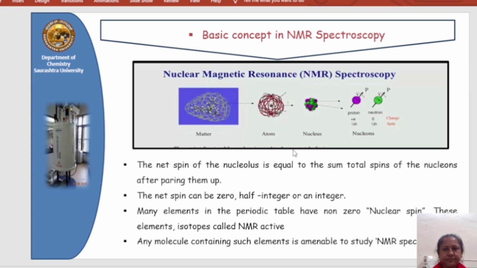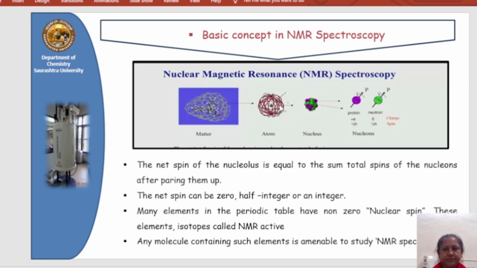Atoms are made up of electrons, protons and neutrons. Neutrons and protons are present in the nucleus, which is the center of the atom. The electron possesses spin, and proton and neutron also possess spin. The difference between proton and neutron is that the proton possesses charge, while the neutron does not.